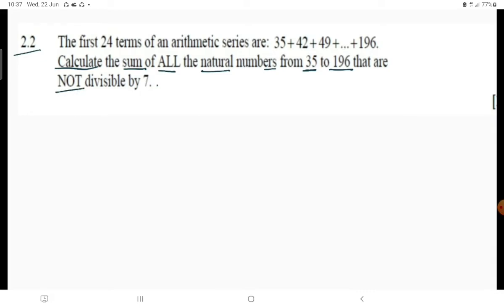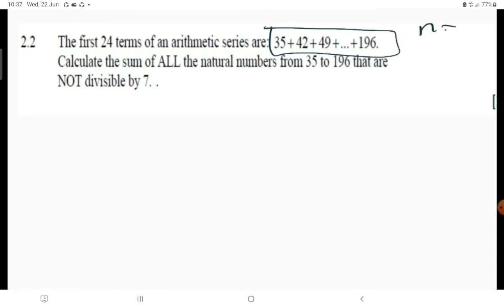So there's a lot of analysis that you need to go through here so that you don't miss the whole situation. Now you can see that the number of these terms is equal to 24. We have 24 terms, and all these terms are multiples of 7.